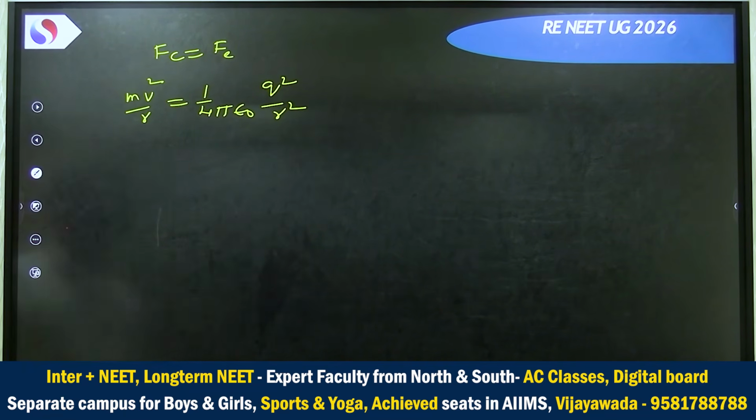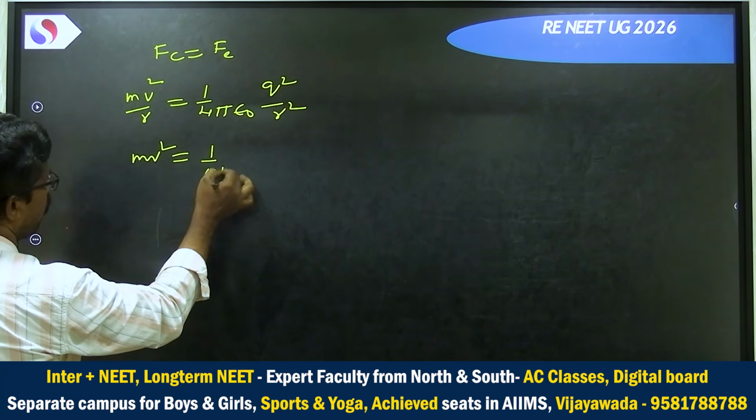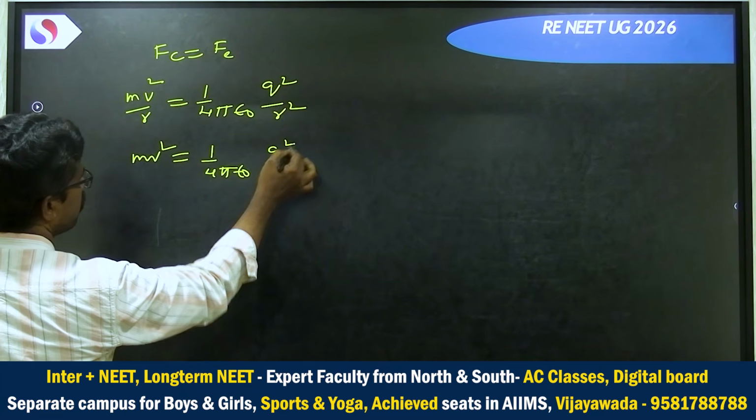One R is cancelled, so mv square is equal to 1/4πε0 Q square by R.